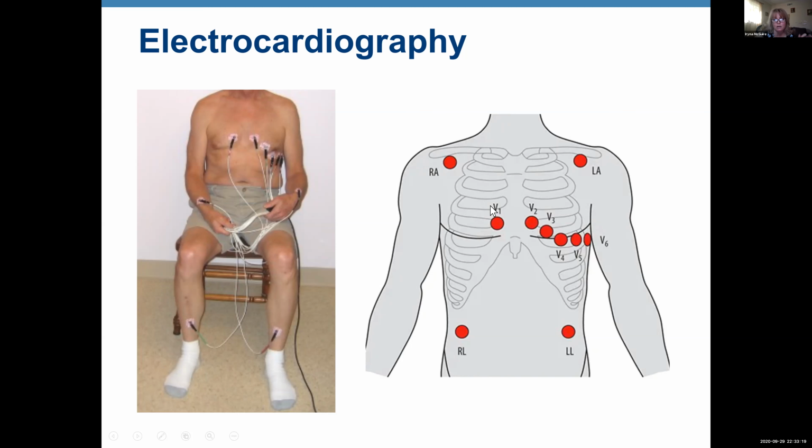You want to look at the heart from above, from below, from left, from right, from different angles. This is called leads, L-E-A-D. So we have 12 different leads that allow you to look at the electrical activity of the heart at different angles.